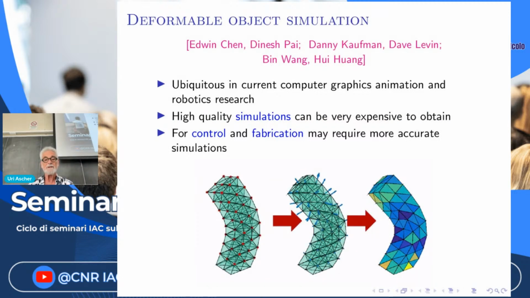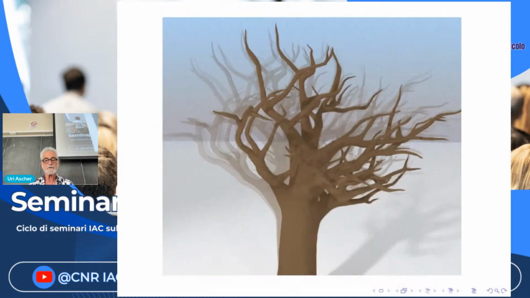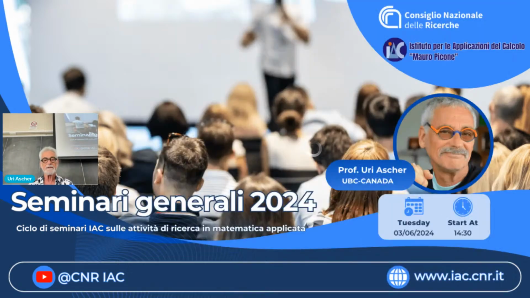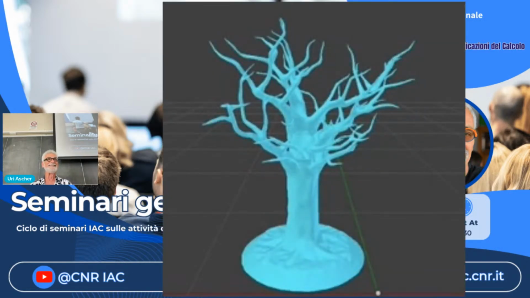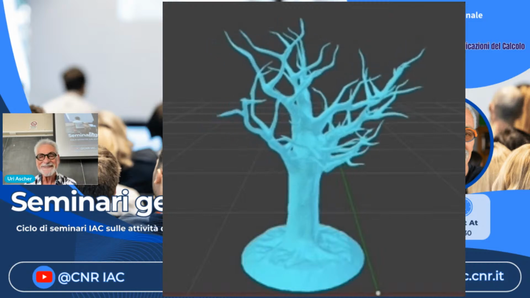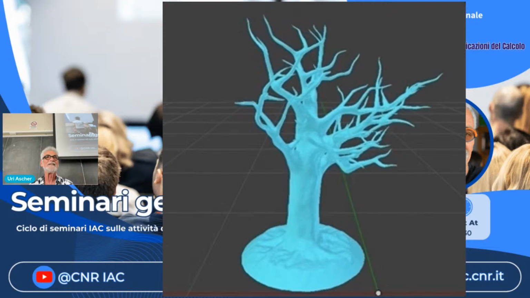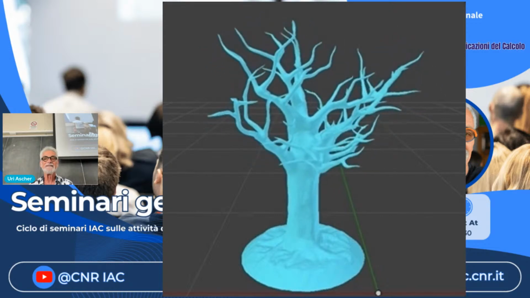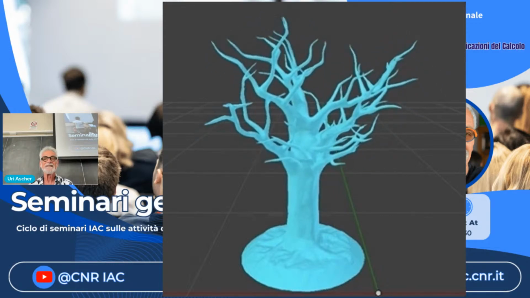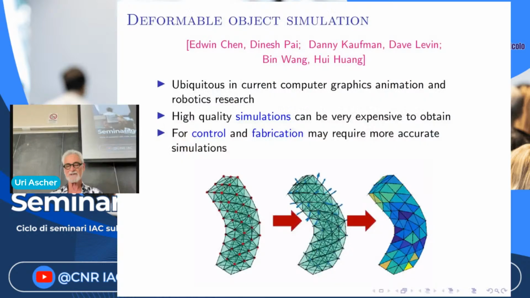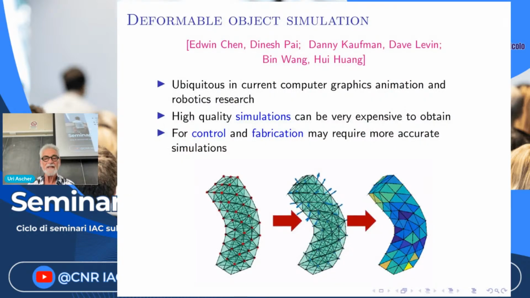So how do we approach this? Here is an example of a simulation. And this is a method that we had. I wanted to say one more word. How do we get such simulations?